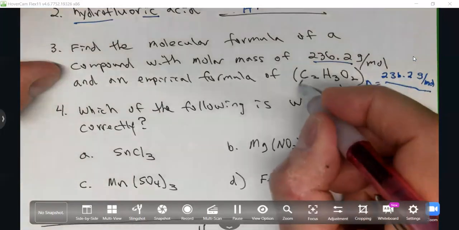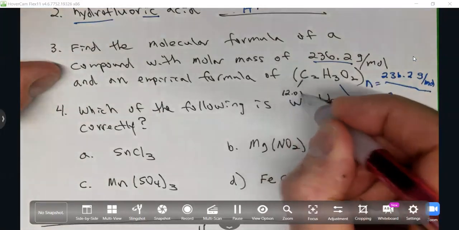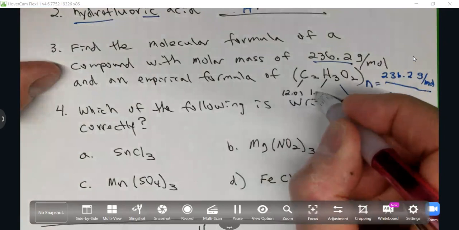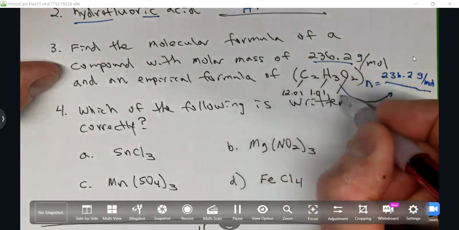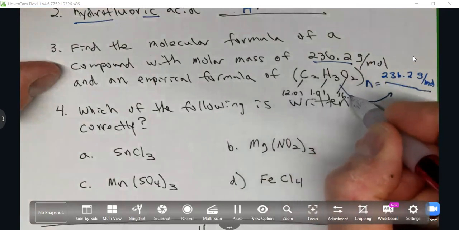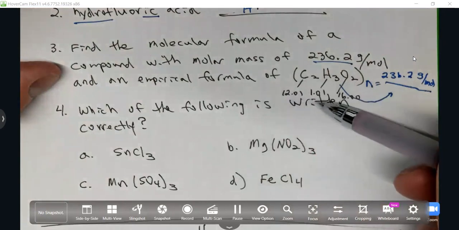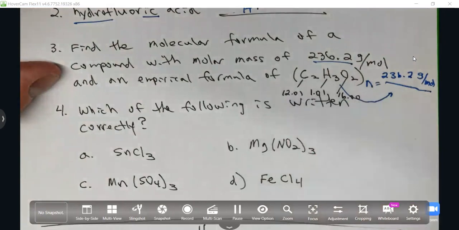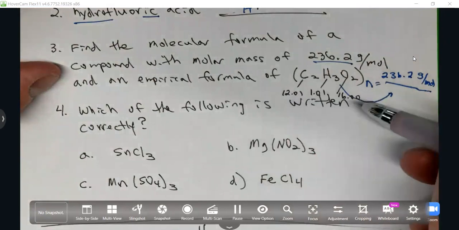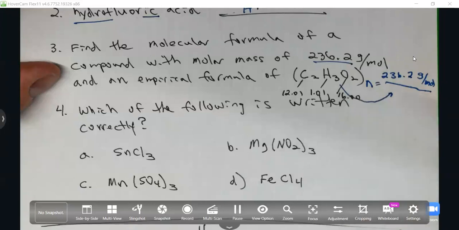So carbon, 12.01, 1.01, 16.00 will work. 36.03 and 3.03, 36, 39.05, and this would be 55.09.